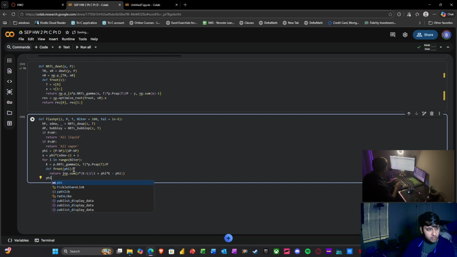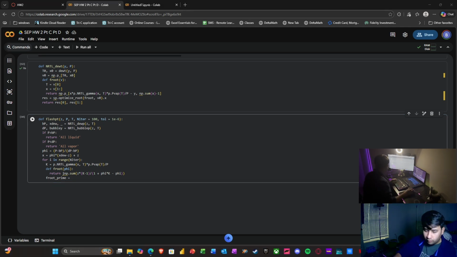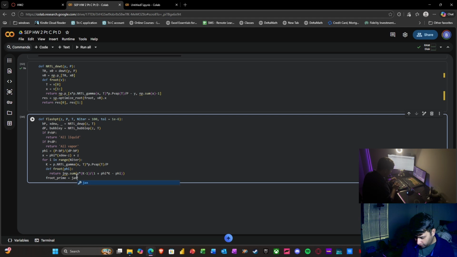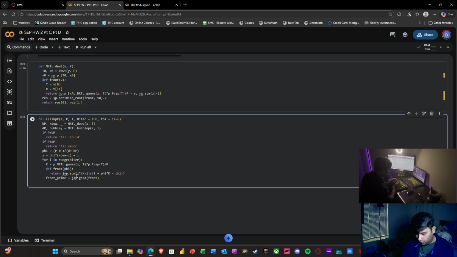Yep. And then we're going to define our f root prime, which is jax.grad in terms of f root, and then we're going to define our phi as sp.optimize.root_scalar of f root, where x initial is our phi. Yep, did get that right.